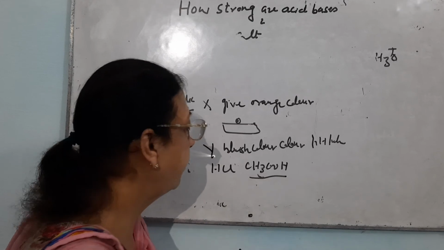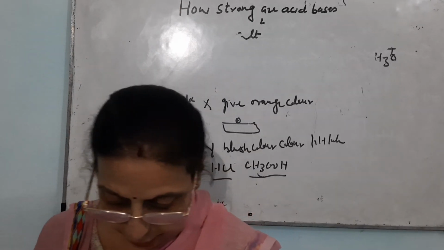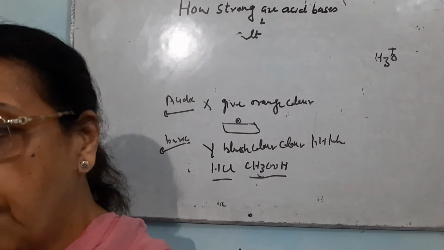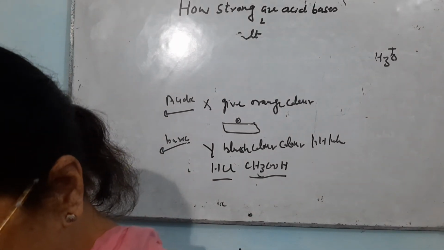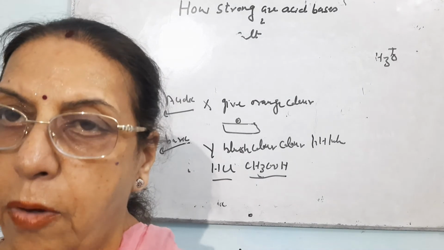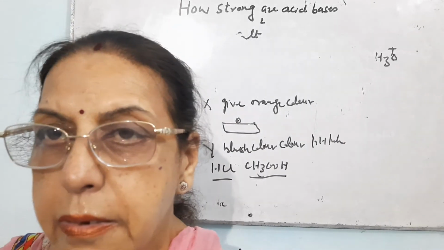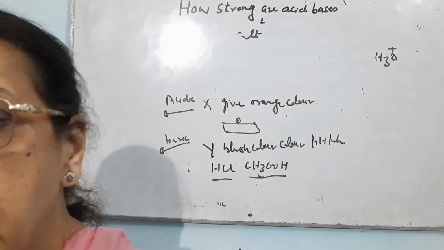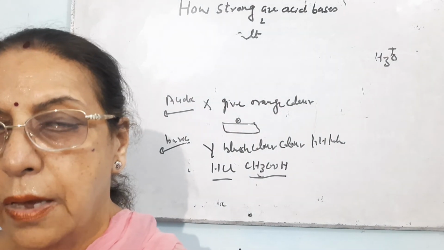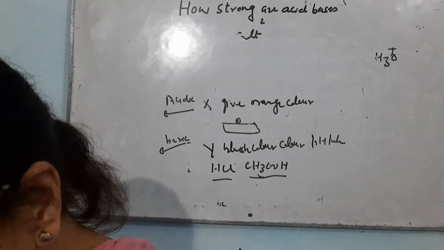Ethanoic acid is a weak acid, HCl is a strong acid, because when ethanoic acid dissociates, the hydrogen ions are produced in a smaller amount in comparison to HCl, which is dissociated completely to give more hydrogen ions. So that is why HCl is a strong acid.